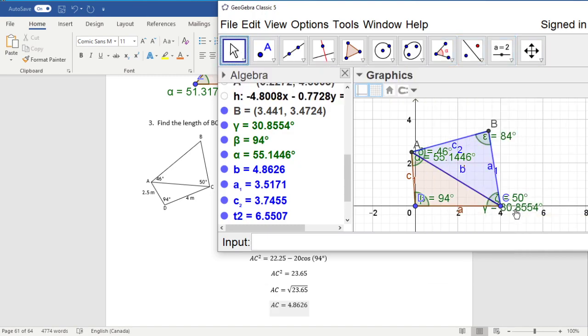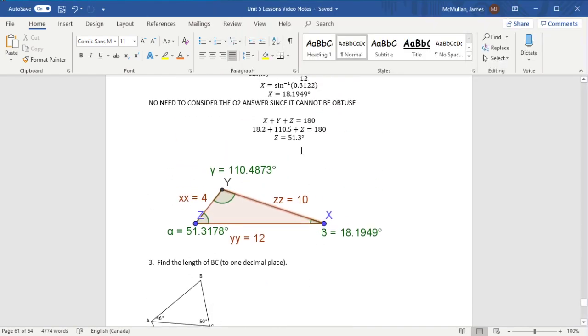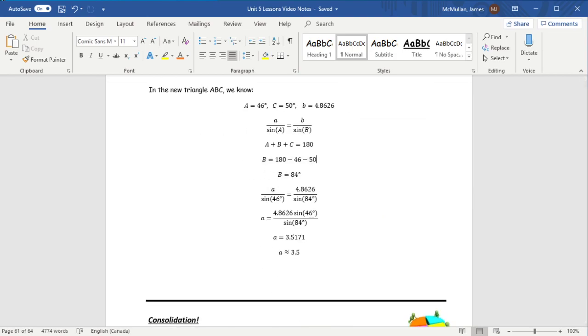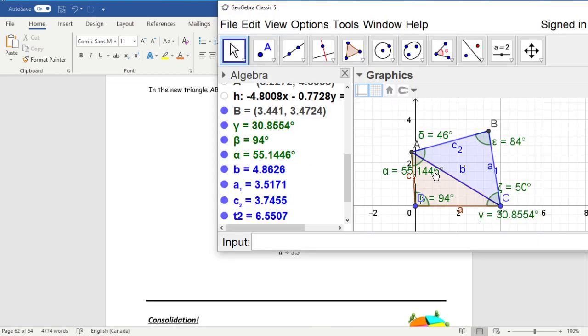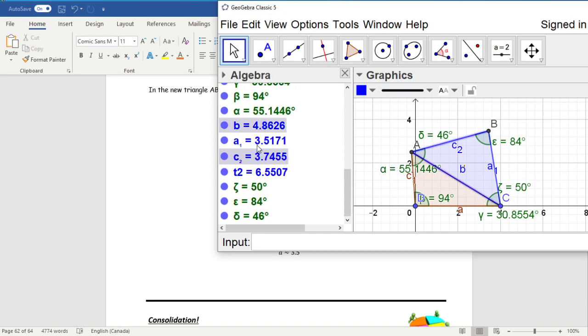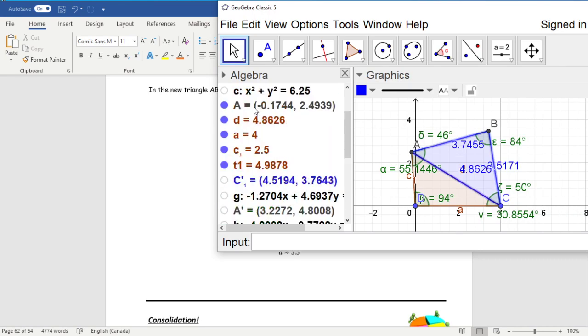Okay, let's just clean this up a bit. So you can see how we solved it. We found out this angle was 84, right? That's one of the things we found, 84, by adding them and subtracting from 180. And now rather than labels, let's just show the values. And we don't need this many decimals either.